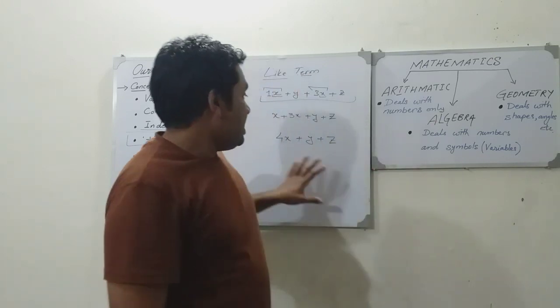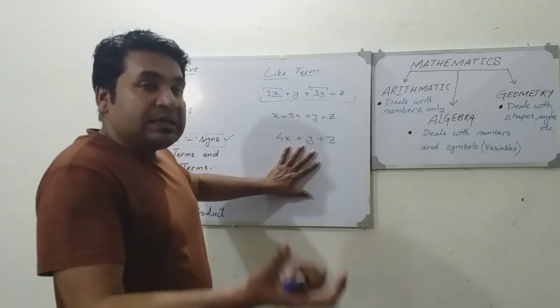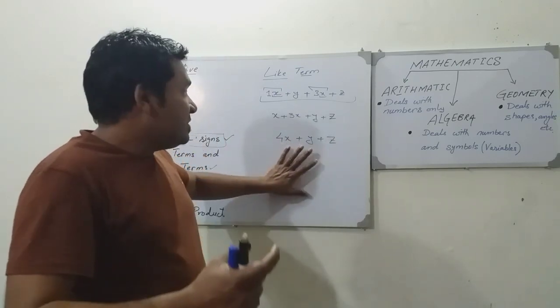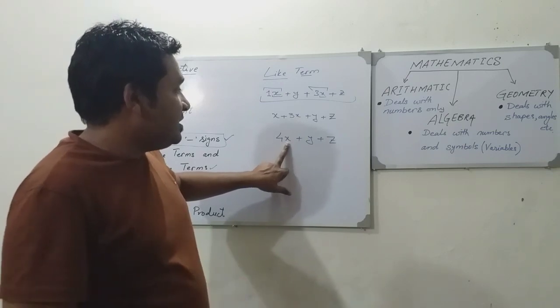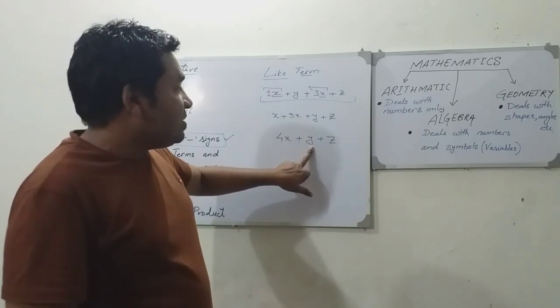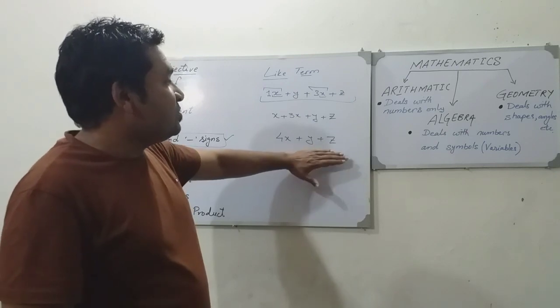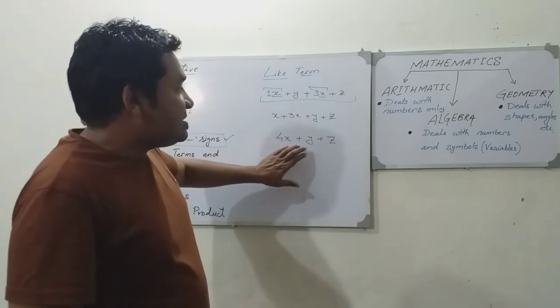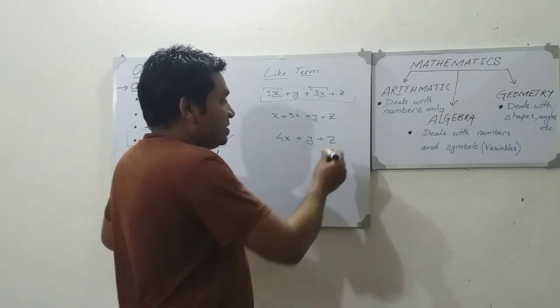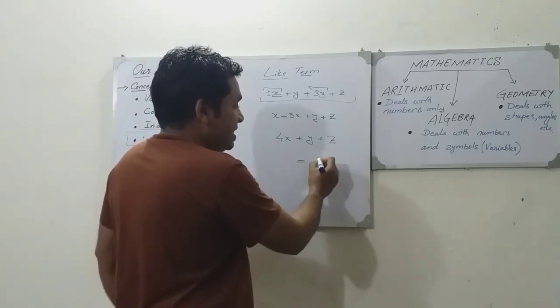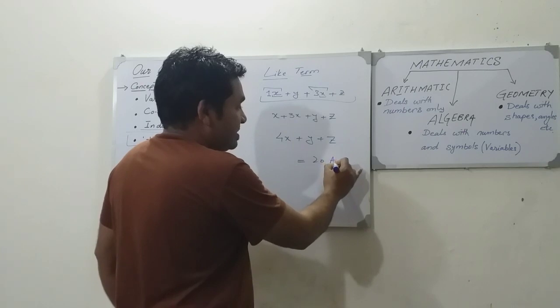If we take x as apples, oranges and mangoes, you cannot add apples, mangoes and oranges, and you can't say that we have altogether 20 apples.